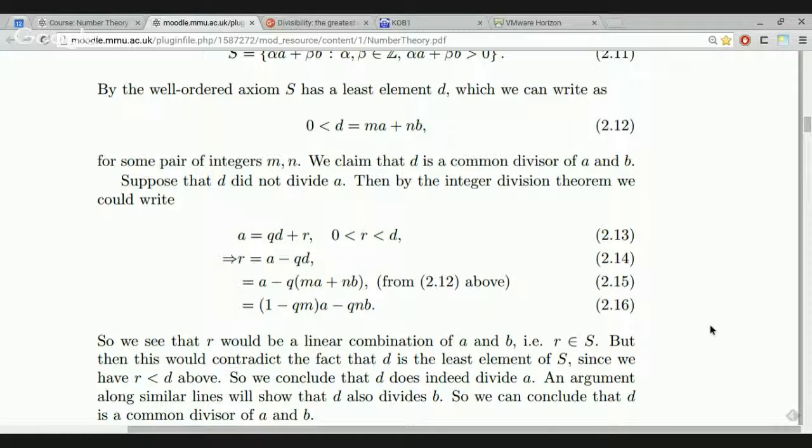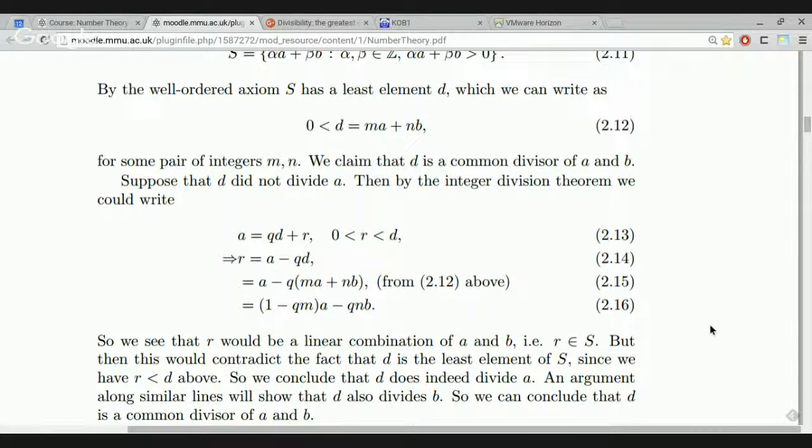So that means r is in the set S we set up there. Then there's something else funny going on. r seems to be strictly less than D. But it can't be strictly less than D because D came to us as the least element in S.